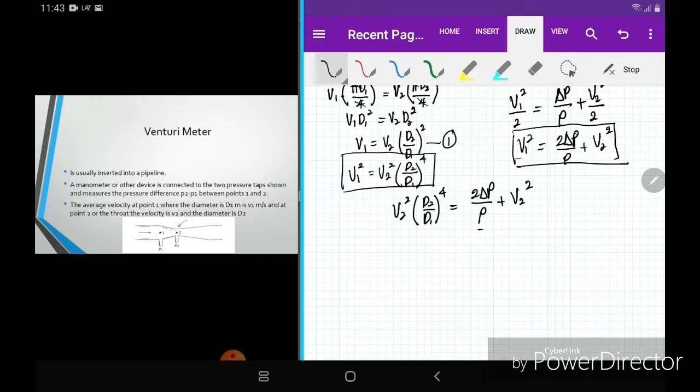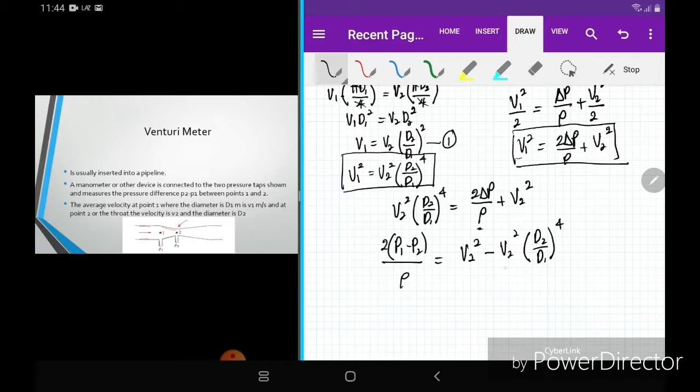Or pwede i-transpose lang natin itong term na to sa kabila. This will become 2 times p sub 1 minus p sub 2 over density is equivalent to v sub 2 squared minus v sub 2 squared times d sub 2 all over d sub 1 quantity raised to the 4th power.